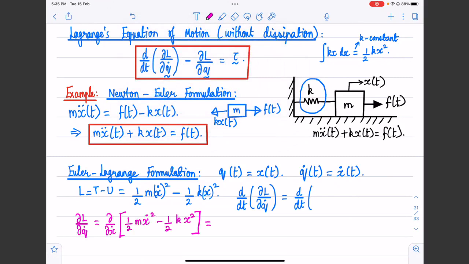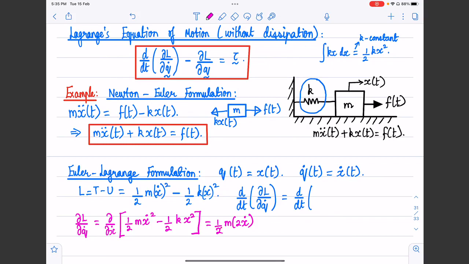The partial derivative of m x dot squared with respect to x dot gives 1 by 2 times m times 2x dot. For the second term, 1/2 kx squared, there is no x dot term, so that is 0.